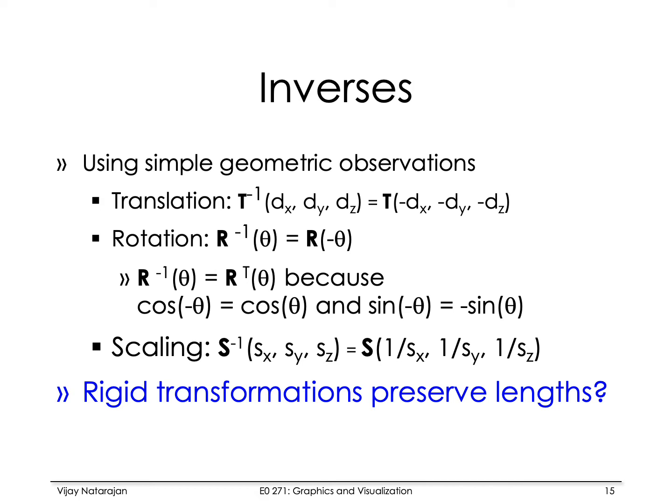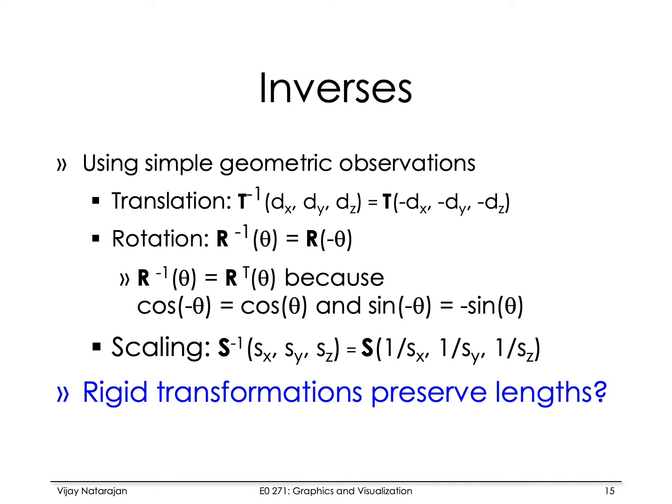Now, given that we understand the matrix representation of these rigid transformations, you may want to check that they indeed preserve lengths. So what you have to do is consider two different points, let's say A, B. This A, B forms a line segment.